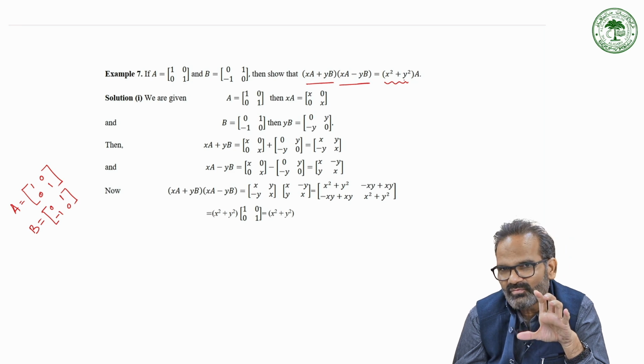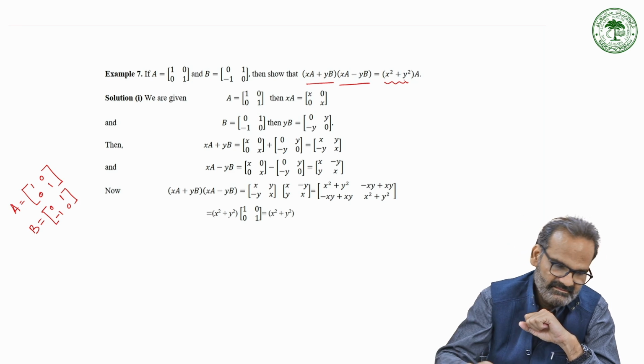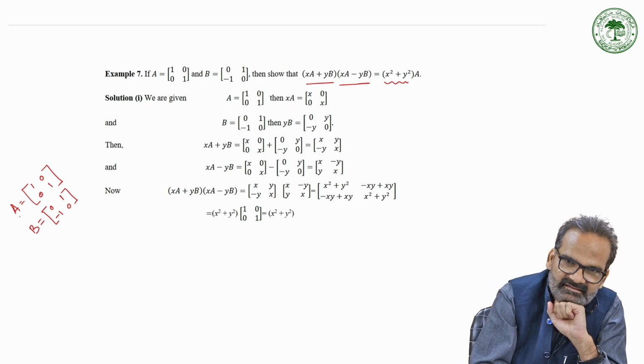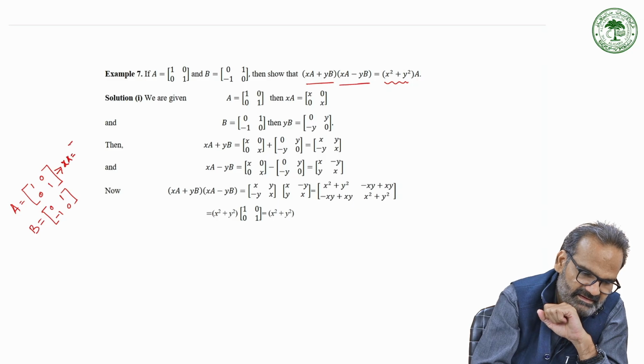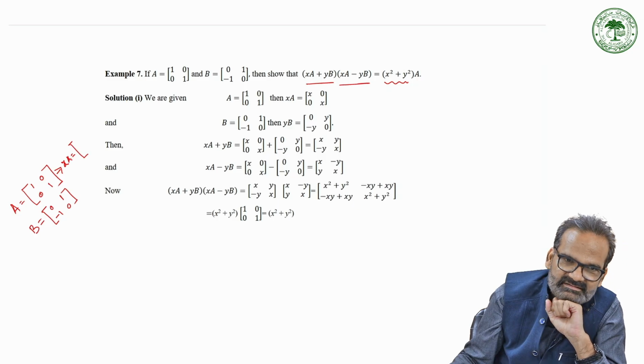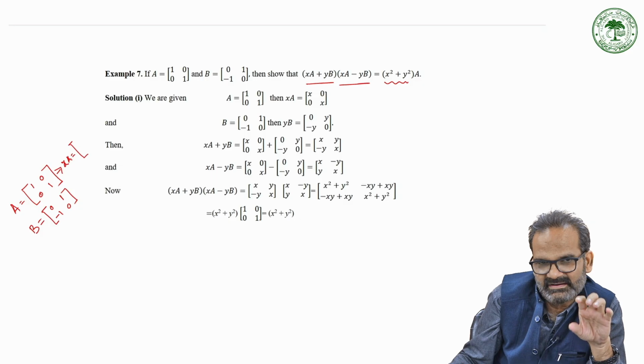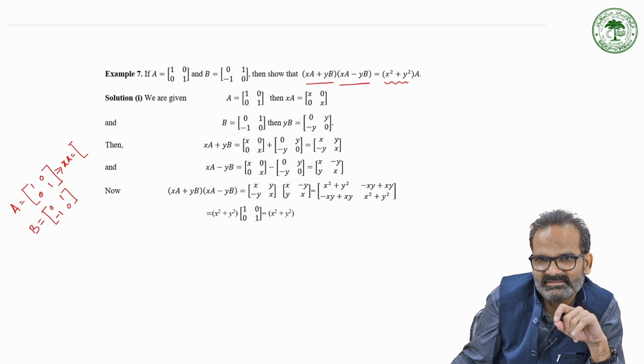So first we will try to find out xA. If A is this matrix, what does xA mean? xA means multiply this matrix A with x. Multiplying this matrix A with x means all the elements of this matrix should be multiplied by x. That is known as scalar multiplication.